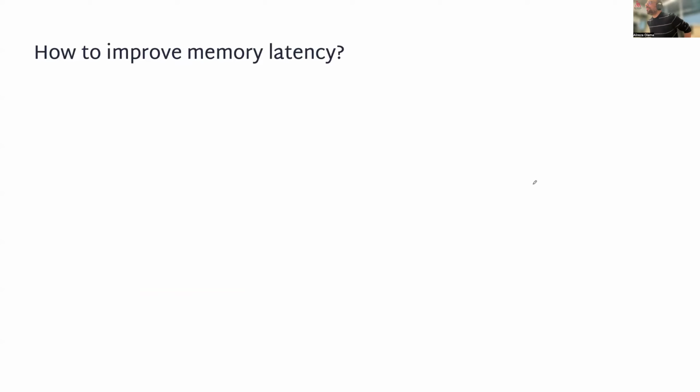All right, so there are efficient solutions for that. What is the most popular one to improve the memory latency in terms of hardware design? Can anyone tell me? How can we reduce this latency between memory and CPU? It is one of the most important ideas in computer architecture.